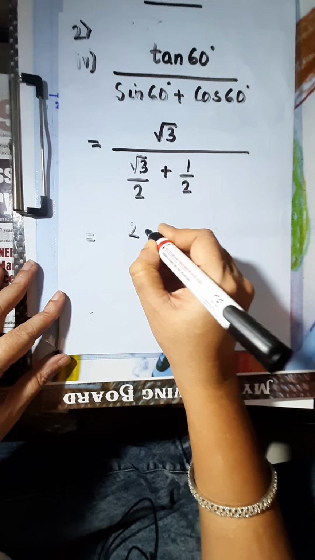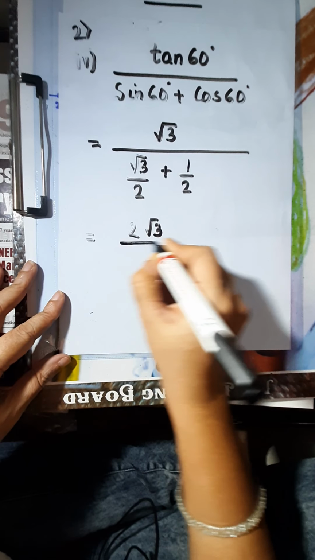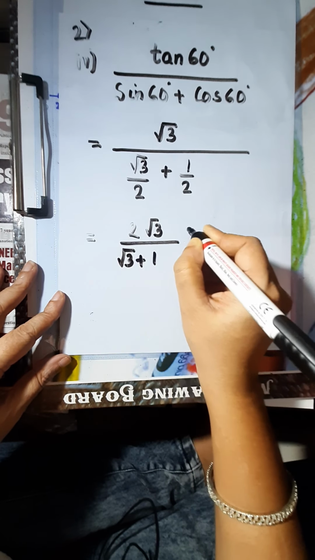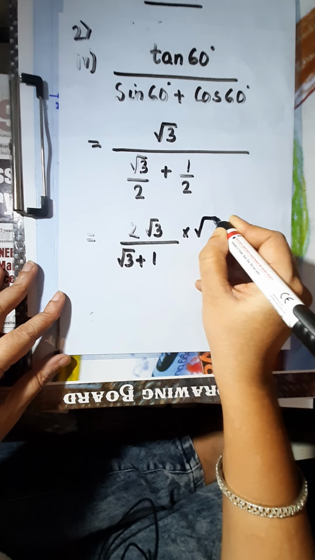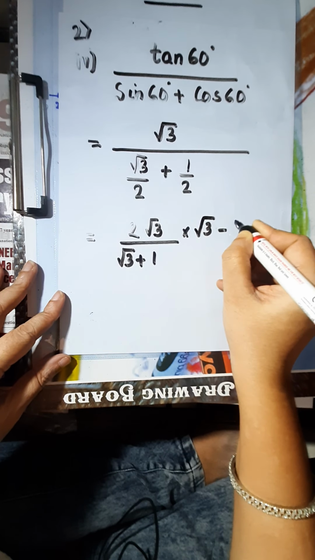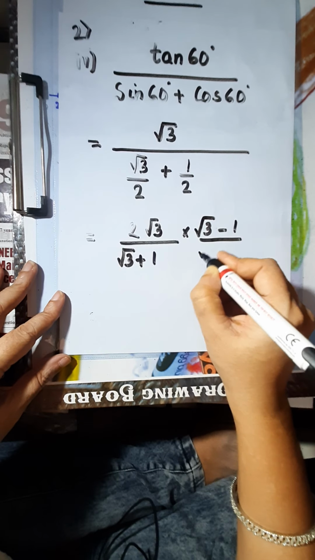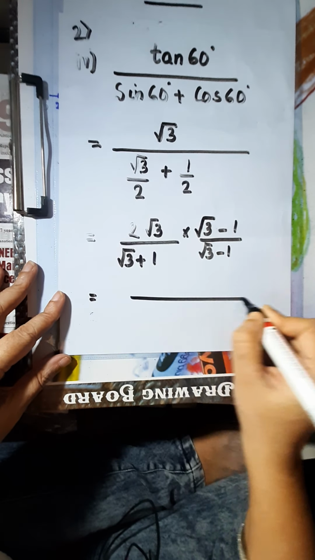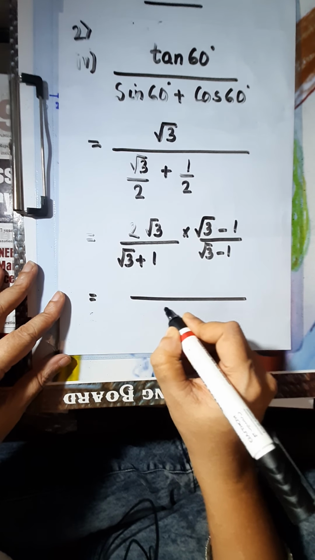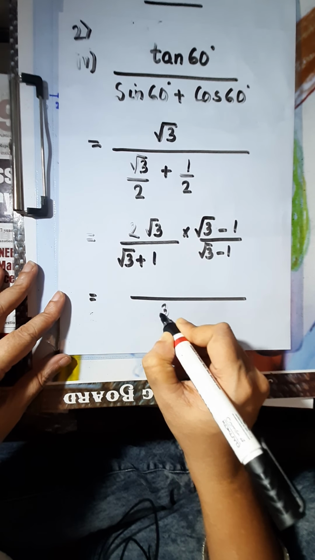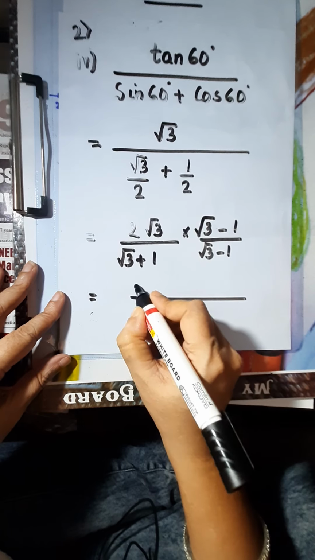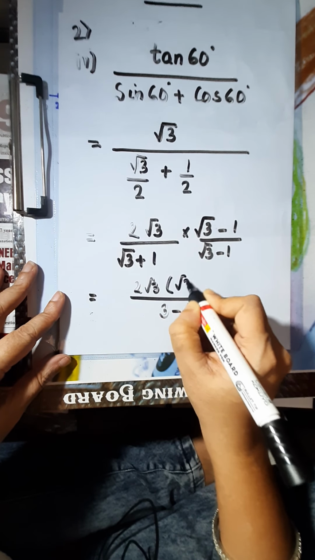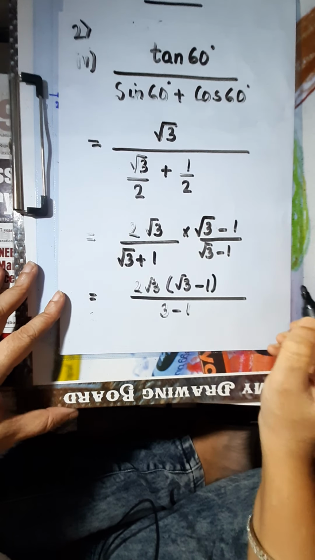2 root 3 upon root 3 plus 1. Since I have learnt surds, I have to rationalize this. So I'll write root 3 minus 1 in the numerator as well as in the denominator. So this becomes 3 minus 1, and this becomes 2 root 3 into root 3 minus 1, correct?